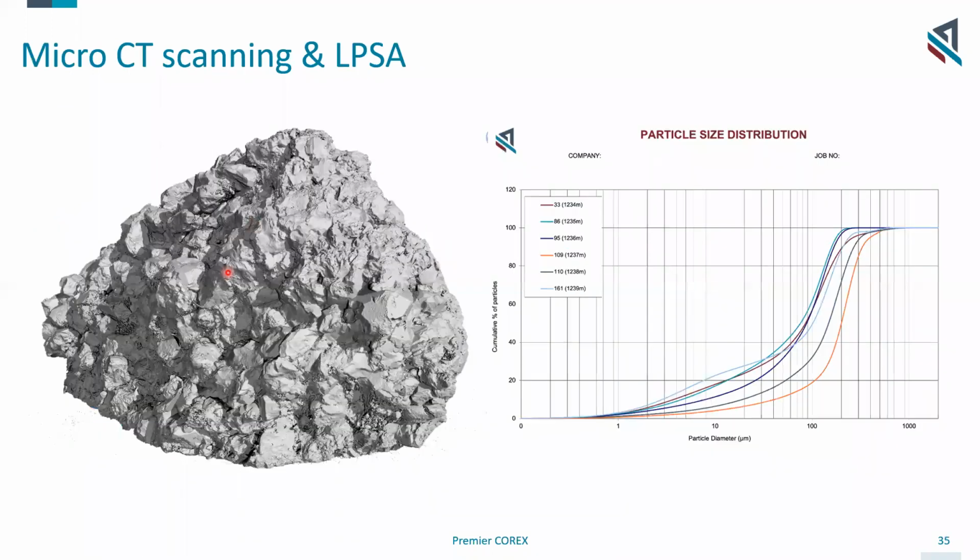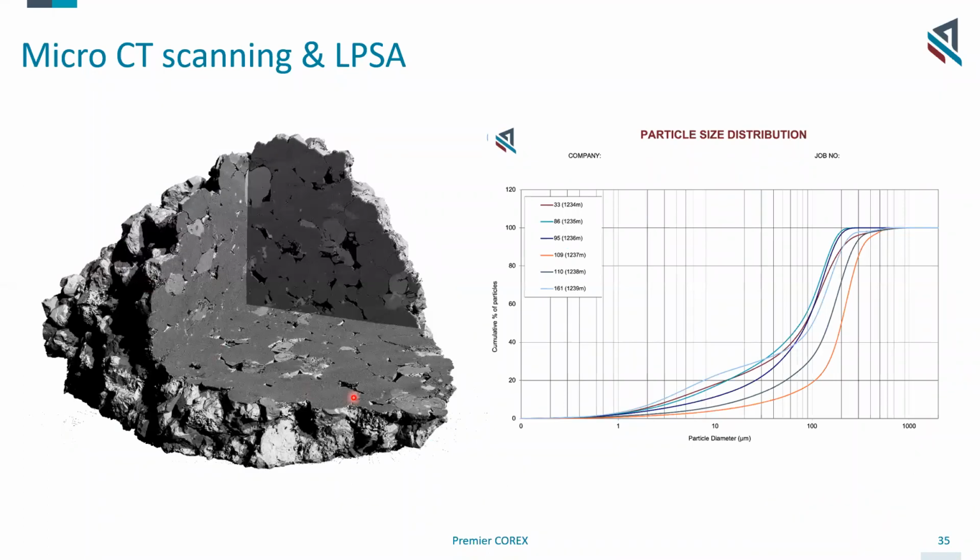So with the micro CT scanning, we can scan the sample and then look at the interior in more detail. We can identify the porosity and the mineral distributions. And as I said, this leads us on to the possibilities of doing digital rock physics, which I'm not going to go into today, but it is a possibility.